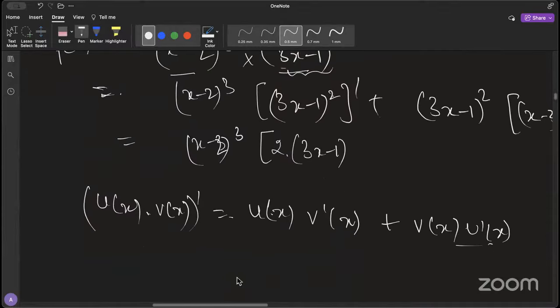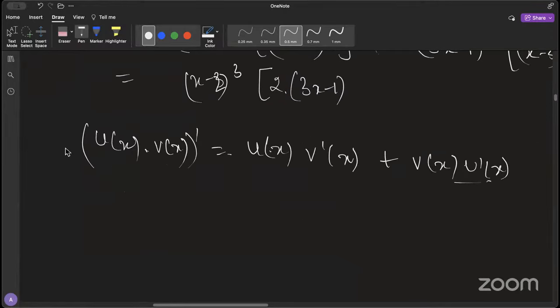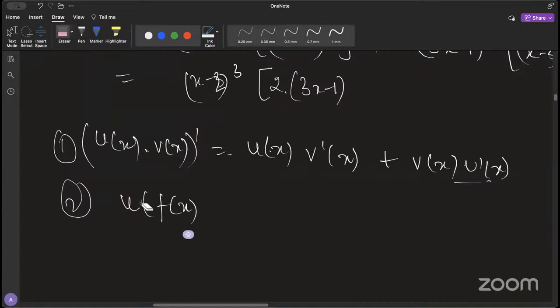This is the rule. And this is the first rule, and the second rule is if you have u of f(x), this is about compositions, and I don't think I'll have to get into compositions too. And I don't want to go there.